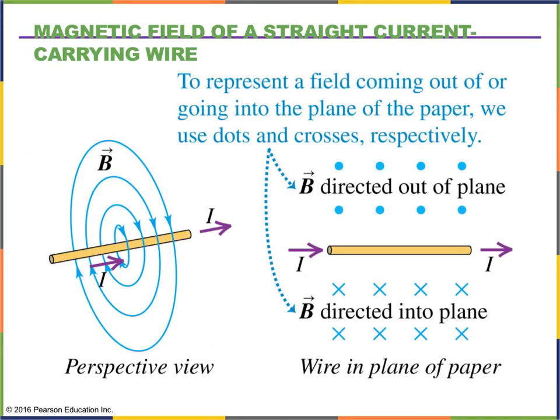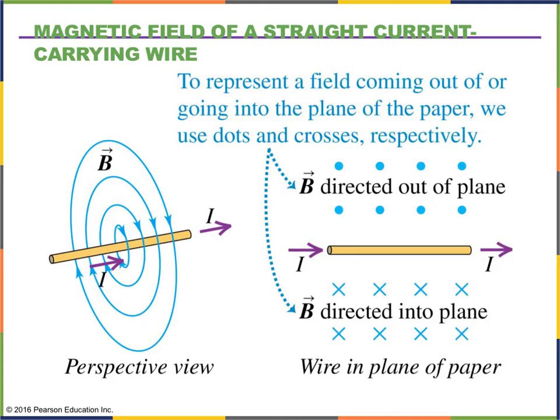Sometimes we want to take a cutaway view, so here again you might want to practice the right-hand rule and see if you agree with the direction of the magnetic field given by this current. But if we imagine cutting those circles in half so that we're just looking at the magnetic field that's coming out at us and going in, above the wire, the magnetic field will be coming out of the plane, and below the wire, the magnetic field will go into the plane or into the paper.